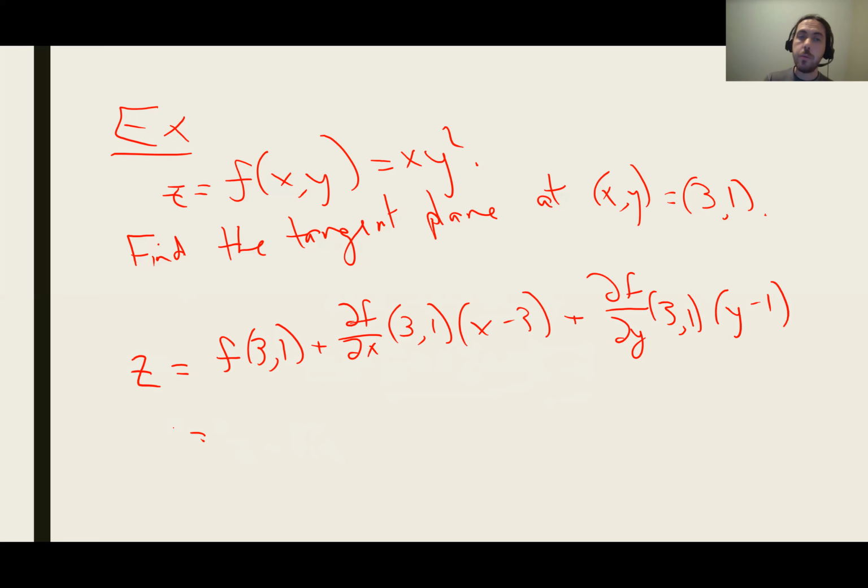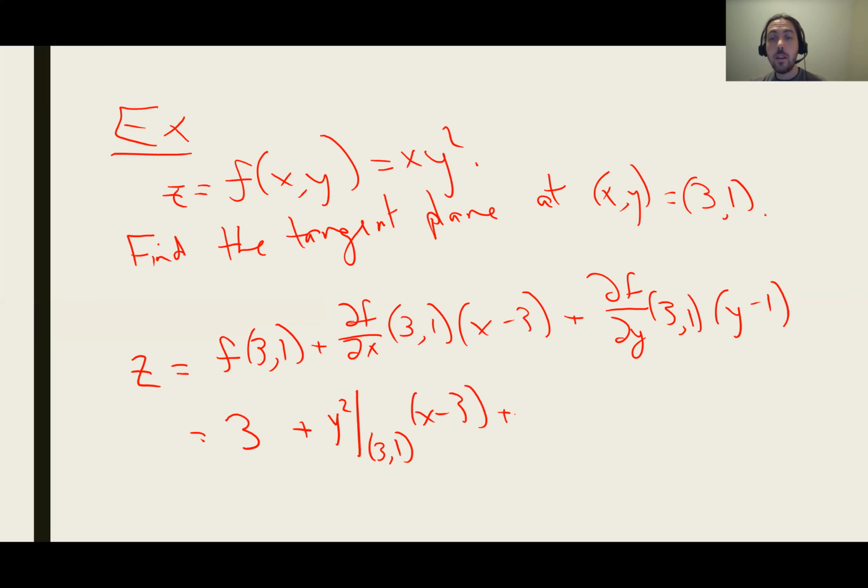And so we have to expand those out. We have to say, what's f of 3, 1? f of 3, 1 is 3 times 1, it's 3. The x derivative of this function, the x derivative of xy squared, is just y squared. Let's write down the partial derivative. We want to evaluate that at the point 3, 1.